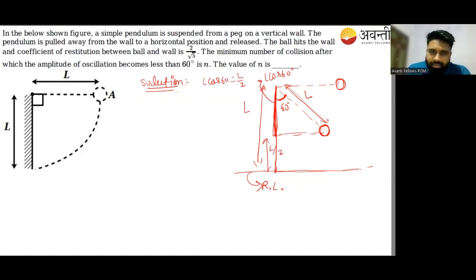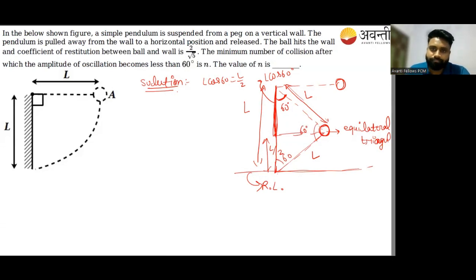If I connect this point to this point, you will see this length is also L, this length is also L. So this length must be L. The three lengths are equal, so this will become an equilateral triangle. So this angle is also 60 degrees, this angle is also 60 degrees.